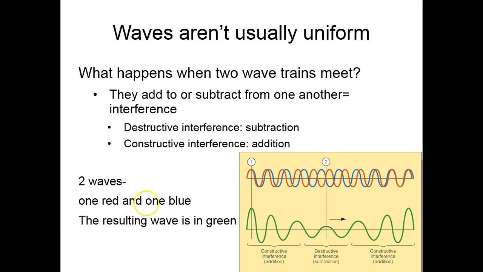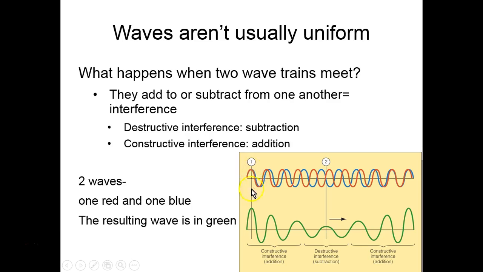For example, down here we have two waves that are interfering with one another. We have one red wave and one blue wave. Down here is the resulting wave that gets created. So you can see at this location right here, it's marked as a 1, the crest and the trough of the two waves are almost perfectly matching up.